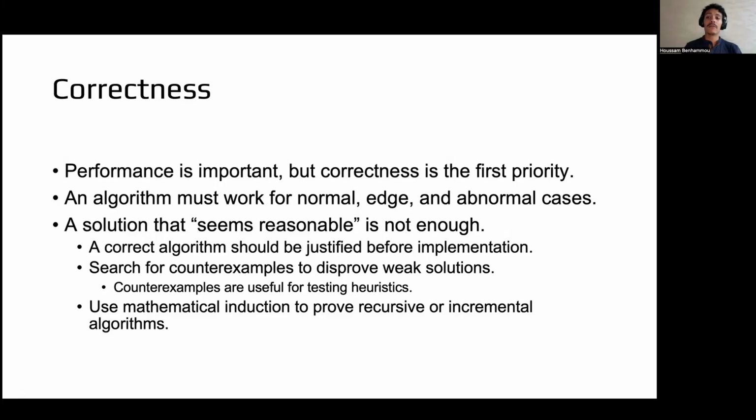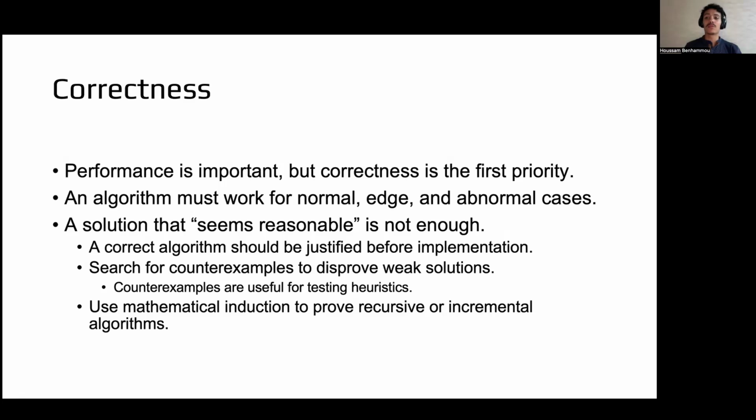And there are different ways you can do it. There is no, let's say, single methodology that you can follow, but there are some logical routes that you can take. An example is you can use counterexamples to disprove your solution, and this is really important to test, for example, heuristics.